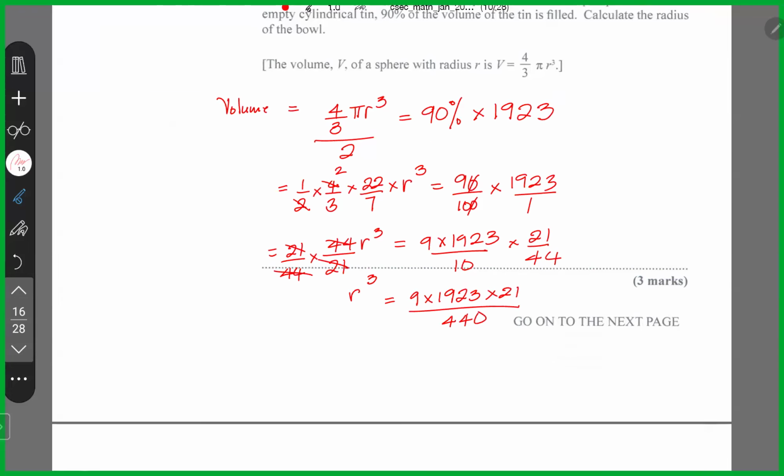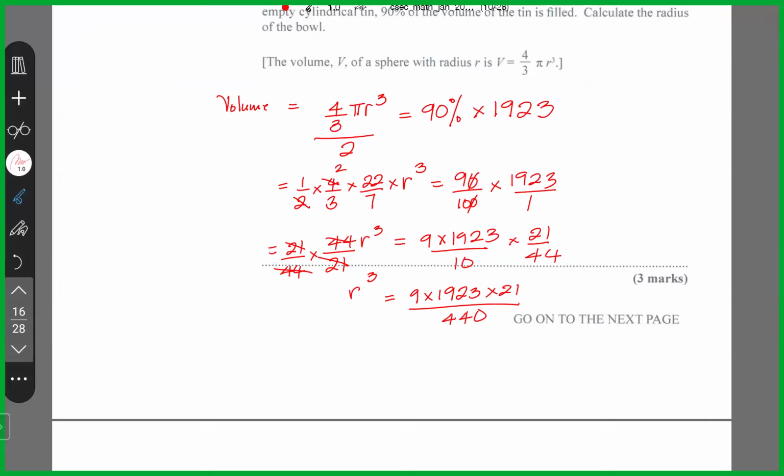Then I'm going to find the cube root of both sides. When I do that, I'm going to get r is equal to the cube root of all of this: 9 times 1923 times 21 over 440. So I just go cube root.